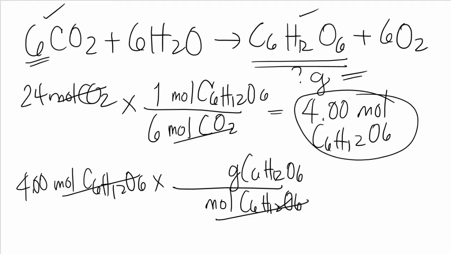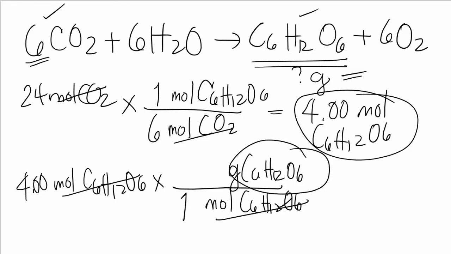So, paano na ang gagawin natin? So, we will have to use the formula mass of C6H12O6. If you could remember how to compute for formula mass, kasi ang 1 mole ng C6H12O6 ay laging equivalent sa formula mass ng compound na ito.